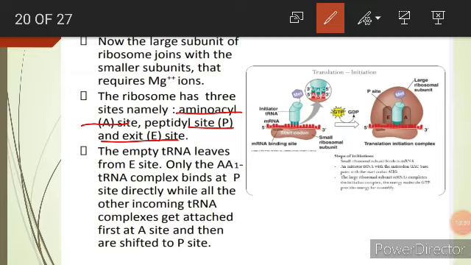This is the only exceptional case, that the AUG initiation codon goes directly on the P site. So all the rest, including the terminal codon, will come on the A site first and will be shifted to the P site. Firstly they will come on the A site and then shifted to the P site.